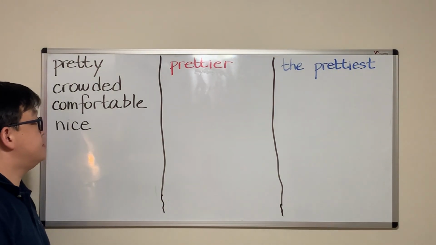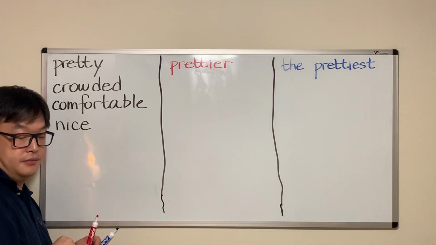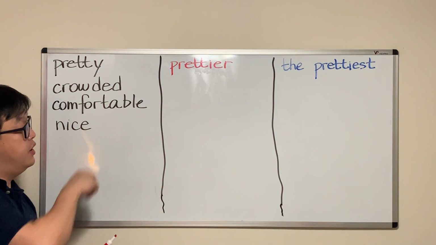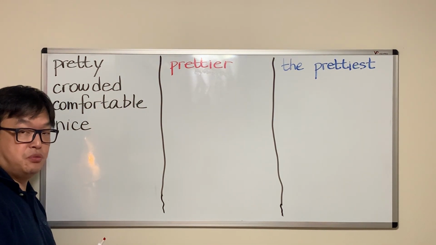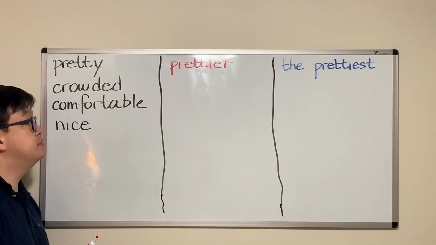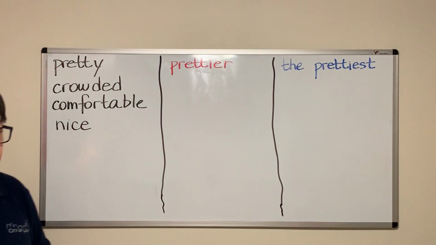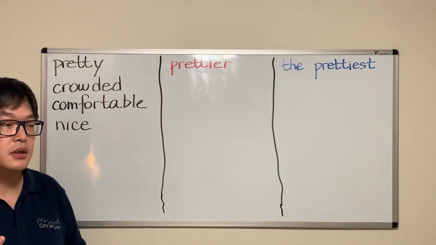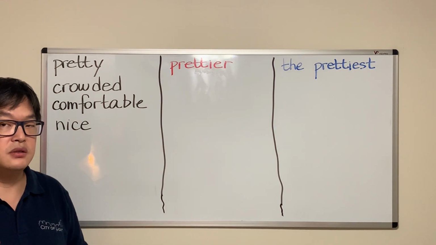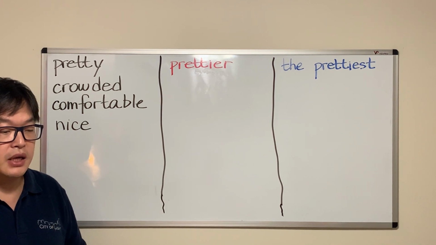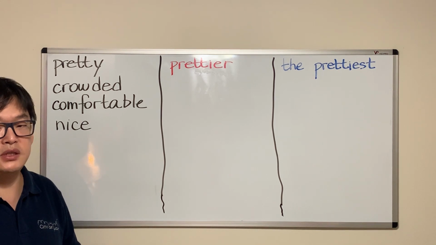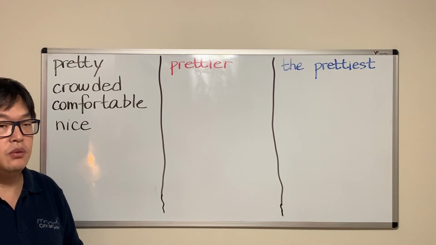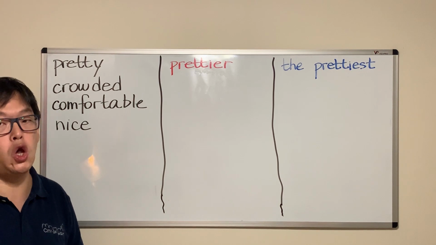Now, crowded. Crowded. What do you think? How do you do the comparative and the superlative? So sometimes, just go by the way you say things. Because in American English, sometimes we go by the easiest way of saying something, you know?